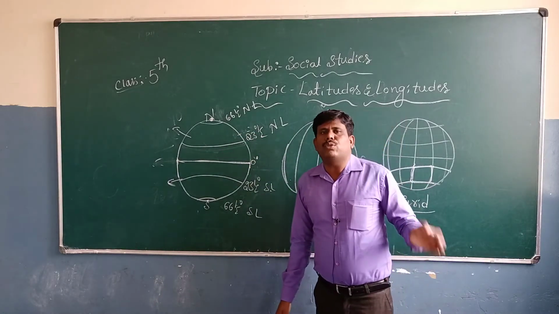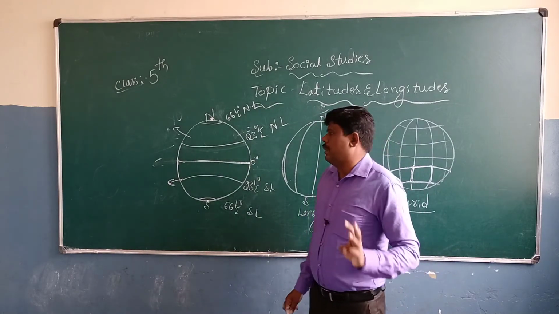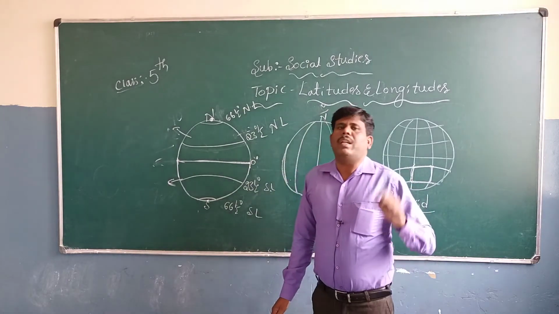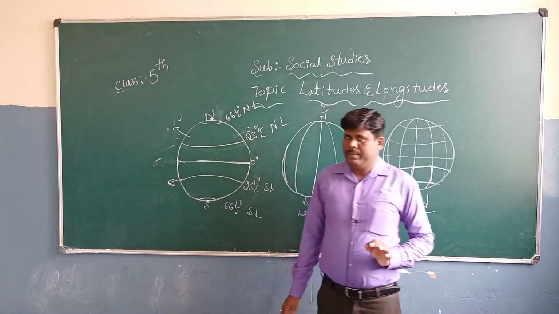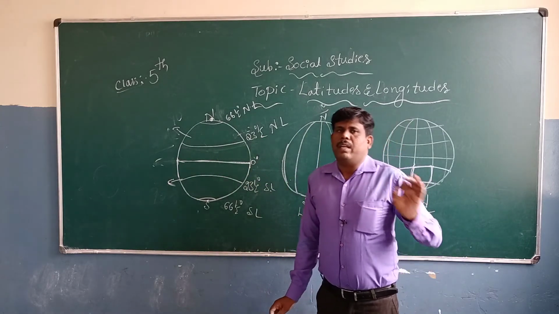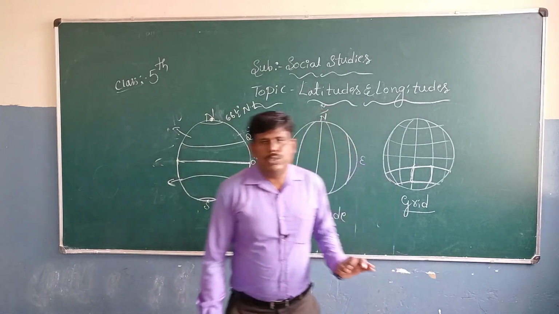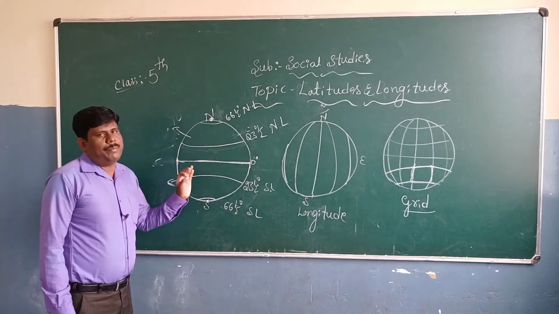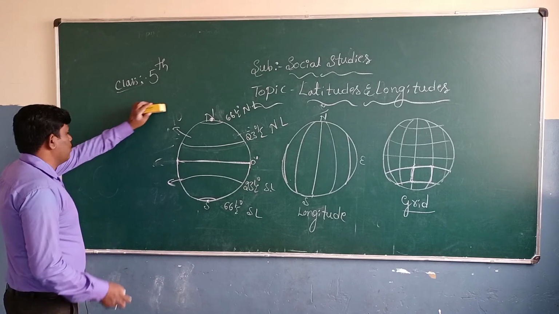Third, the distance between two latitudes is equal. Fourth, the length of the lines of latitude decreases with the distance from the equator. So these are the important features of latitudes.